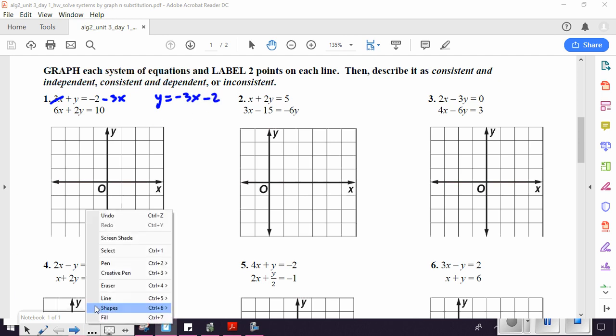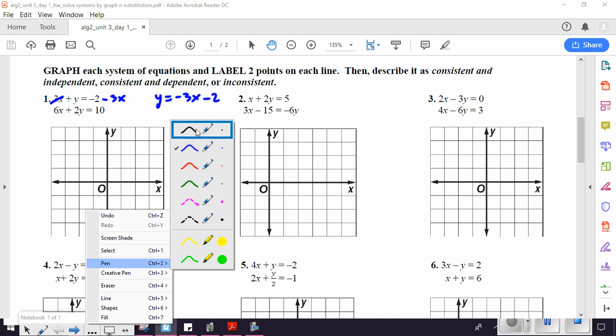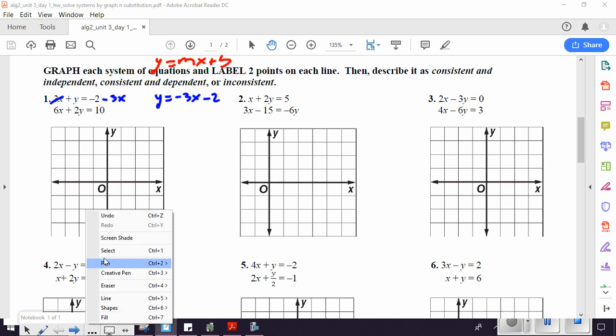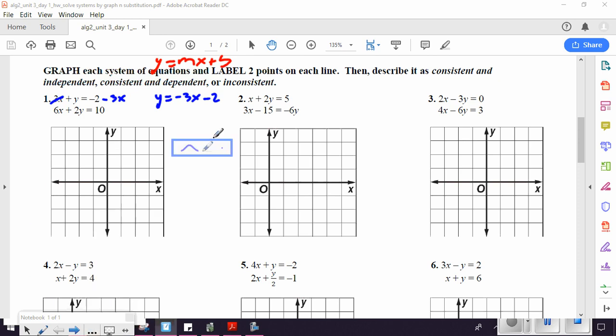Slope-intercept form, for those who forgot, that's your good old-fashioned y equals mx plus b. So that means on equation 1, m is negative 3, or negative 3 over 1, and b is negative 2.